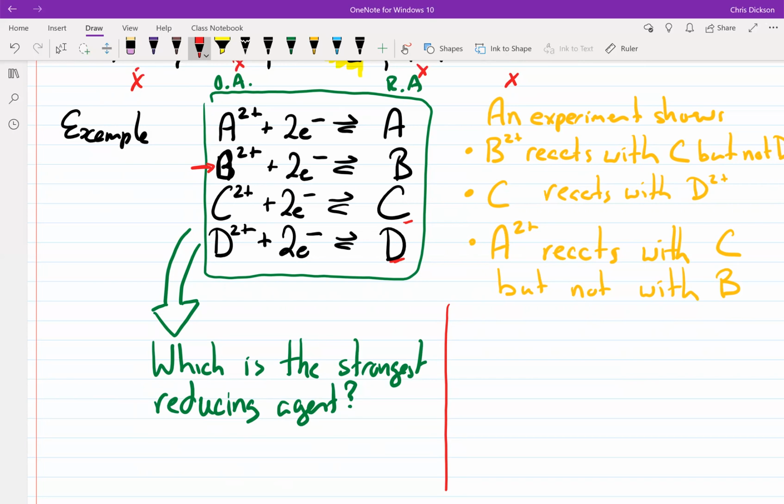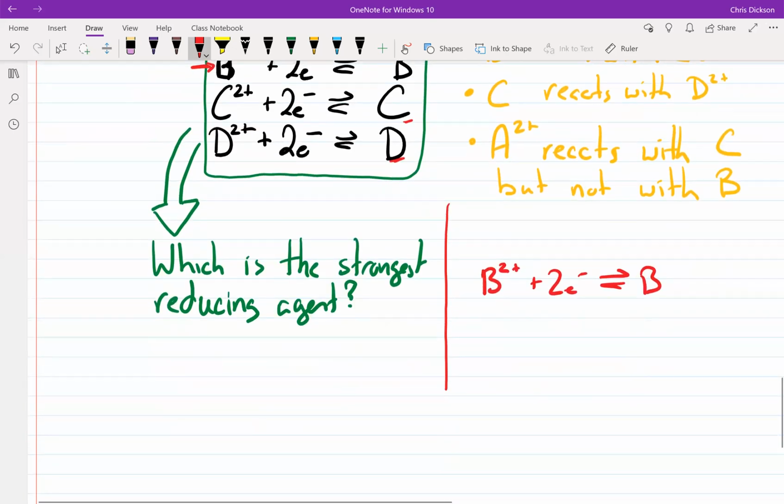So I'm going to rewrite my B2+: B2+ plus 2 electrons goes to B. Now, in order for that to react with C, the C has to be lower down than the B. So I'm going to write C2+ plus 2 electrons in equilibrium with C. And notice how I'm leaving a little space here, because I might need to add one of the reactions in between there, but we'll see what happens, okay?